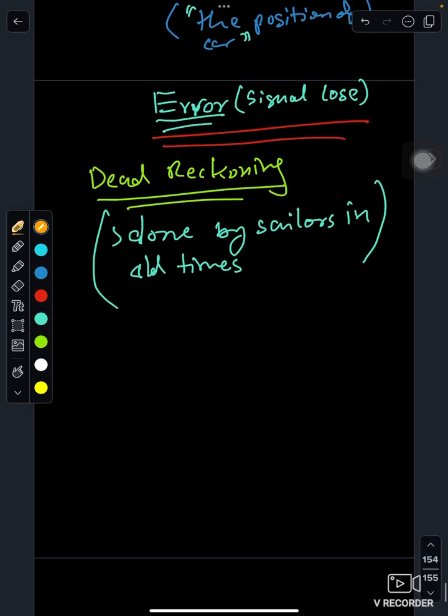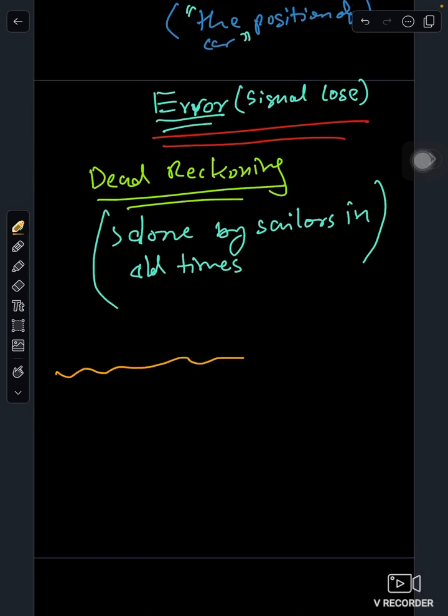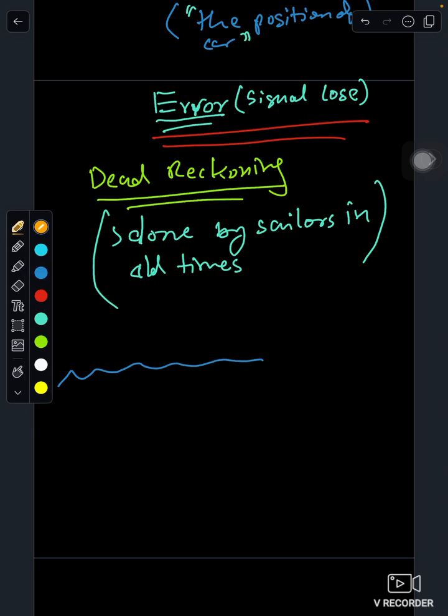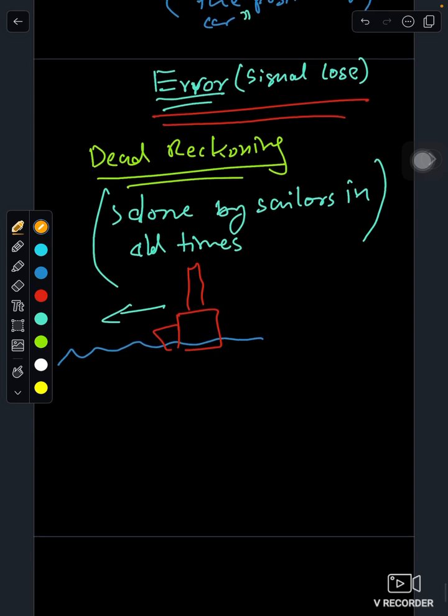So how it used to work is, let's suppose your ocean's not orange, it's a different color. There's a ship going in a certain direction. They have a compass, and the compass only gives direction.